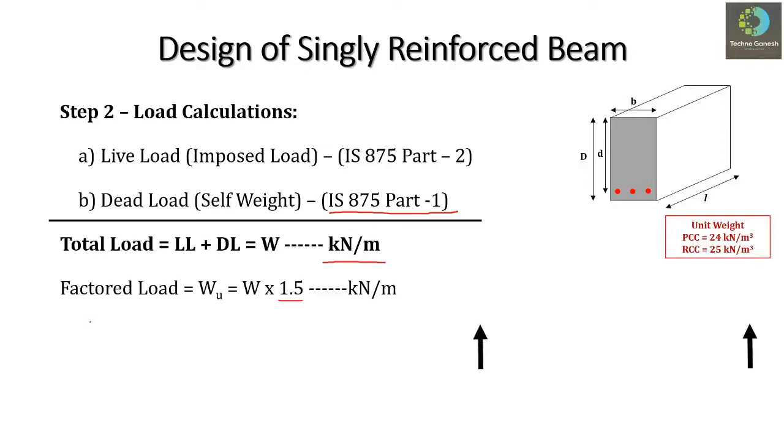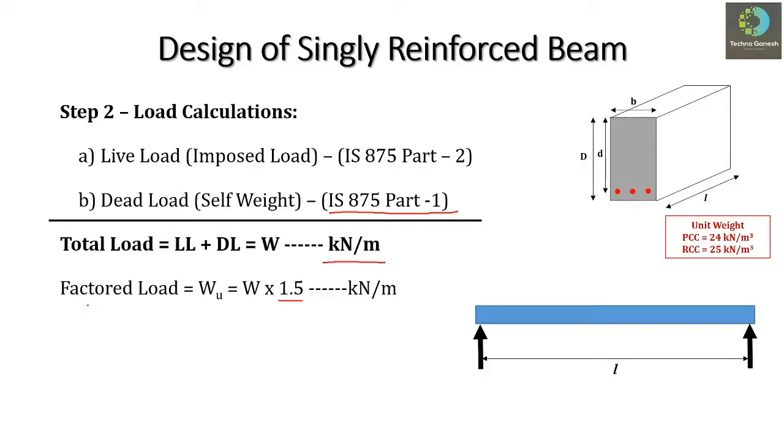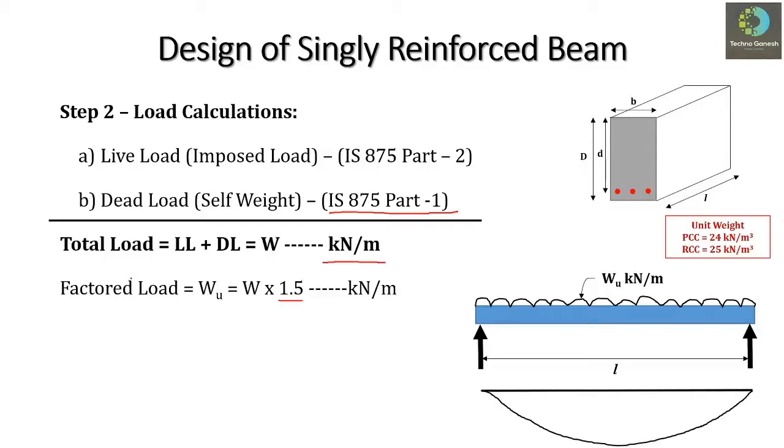Now suppose we have to design a simply supported singly reinforced section, which is having a span of L meter, and which is subjected to this factored load as a UDL. So in this case, we know that the maximum bending moment which can be developed in this beam will be of parabolic nature, and the maximum bending moment will occur at the midspan of this beam.